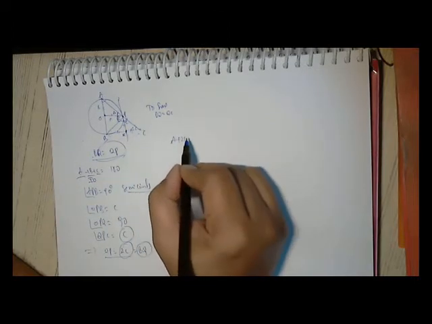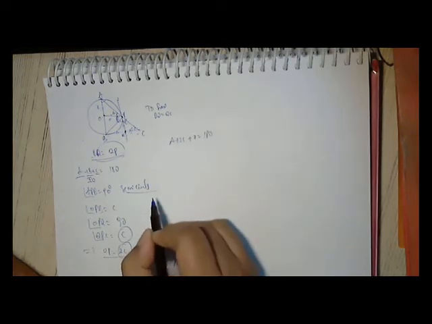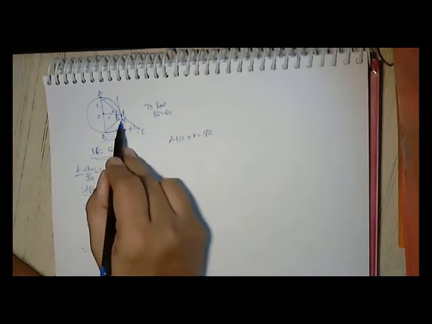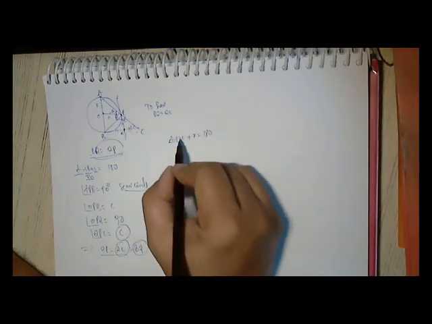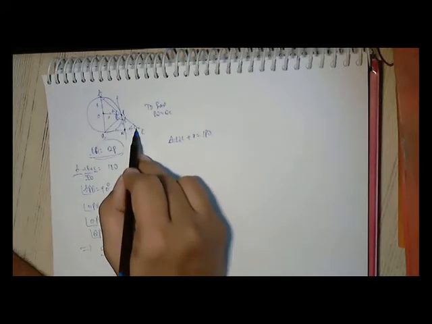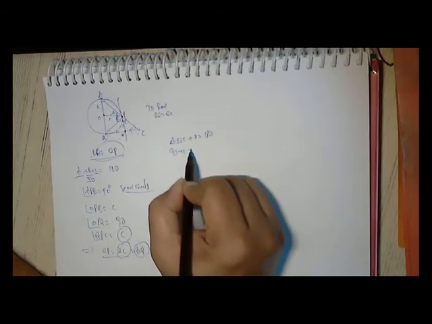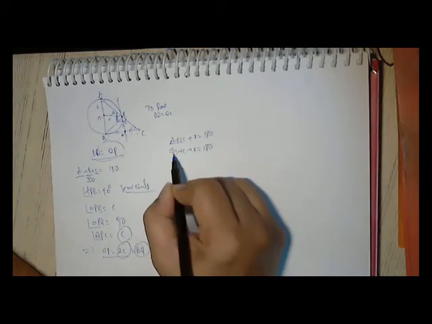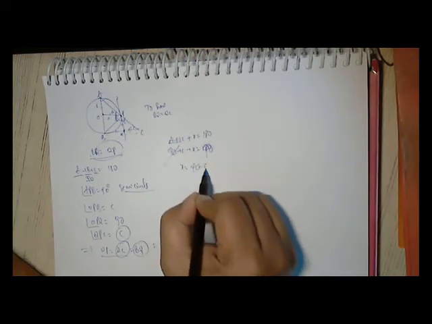A plus 2C plus X is equal to 180. But A plus C we know is 90. So 90 plus C plus X is equal to 180, which becomes X is equal to 90 minus C.